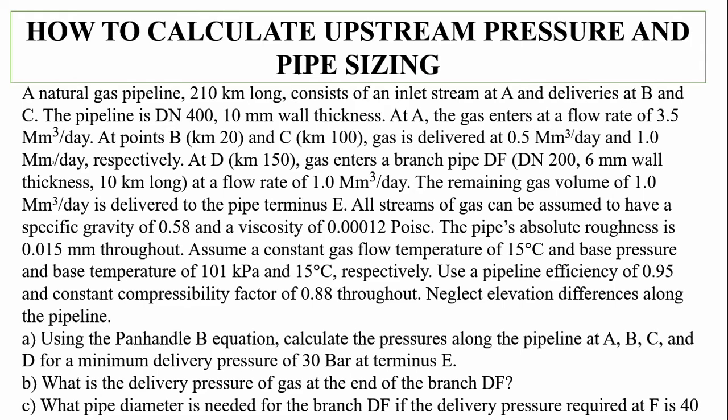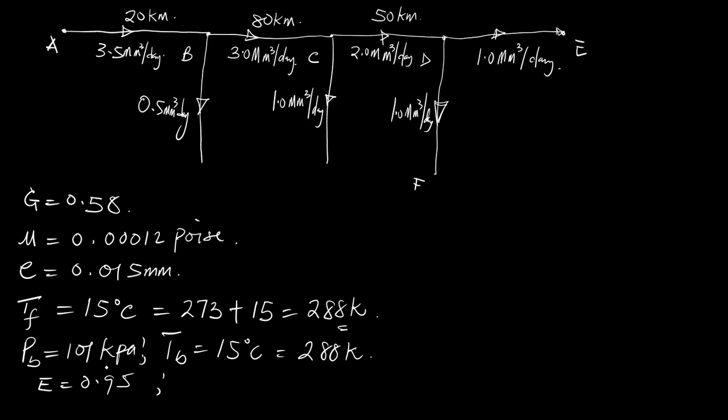So the Z is equal to 0.88, and the nominal diameter of this whole pipe from A to E is 400 millimeter, while the thickness is 10 millimeter.